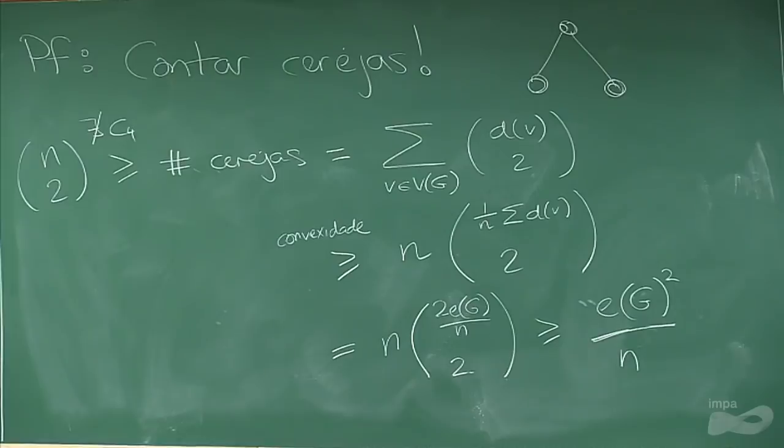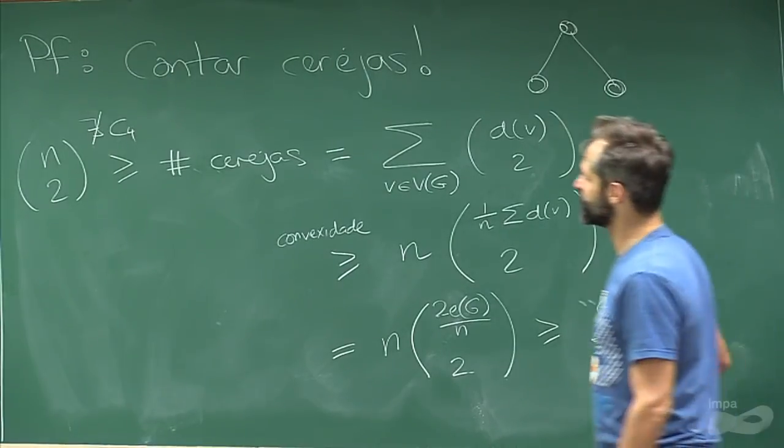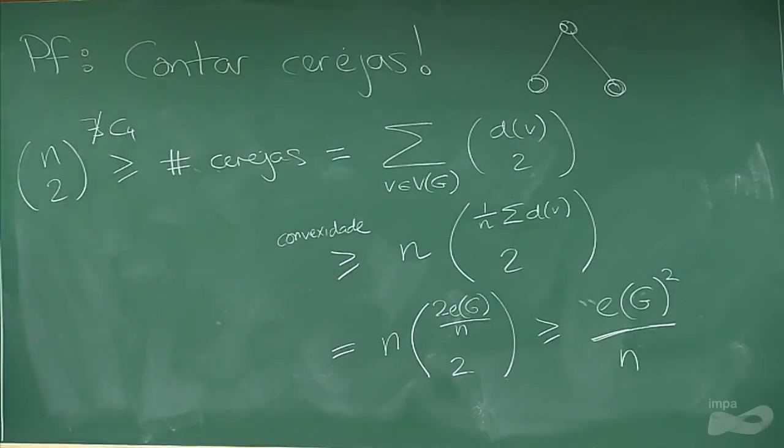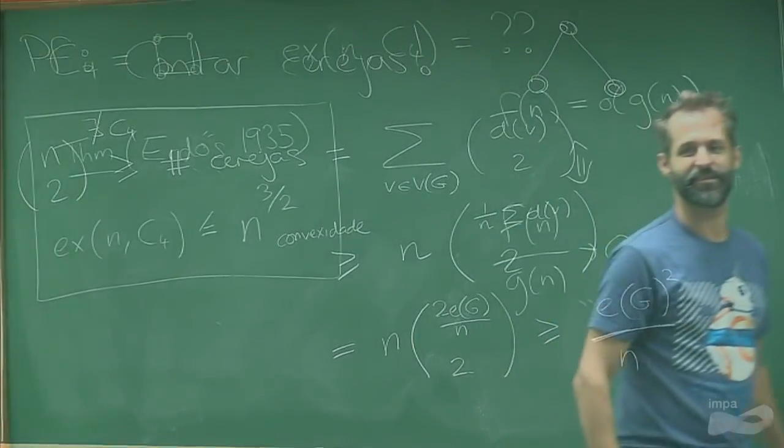There's also a minus 1 I don't want to think about, so let's just throw away the factor of 2. Okay, so now what have we shown? e(G) squared is at most n cubed over 2, basically. So in particular, e(G) is at most n to the 3 over 2.